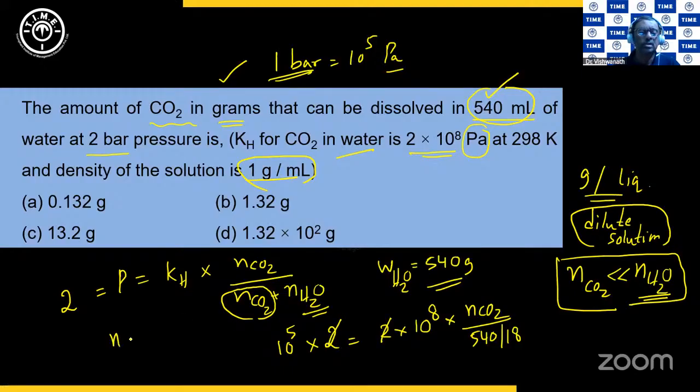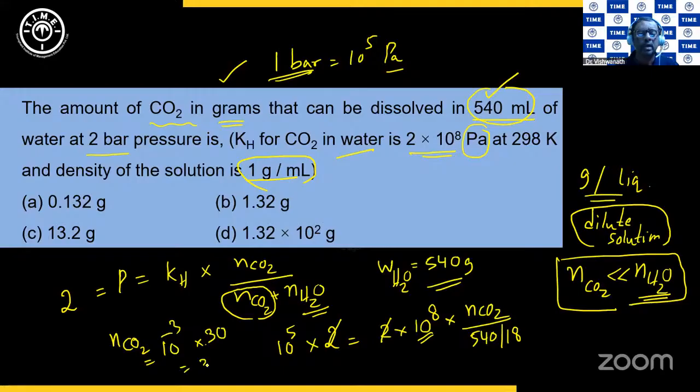So number of moles of CO2 equals, carefully look at that. This 10 power minus 8, when it goes to the other side, it becomes 10 power 8. So 10 power 5 minus 8 is 10 power minus 3. Into, what is this? 540 by 18, 18 3s are 54. So into 30.